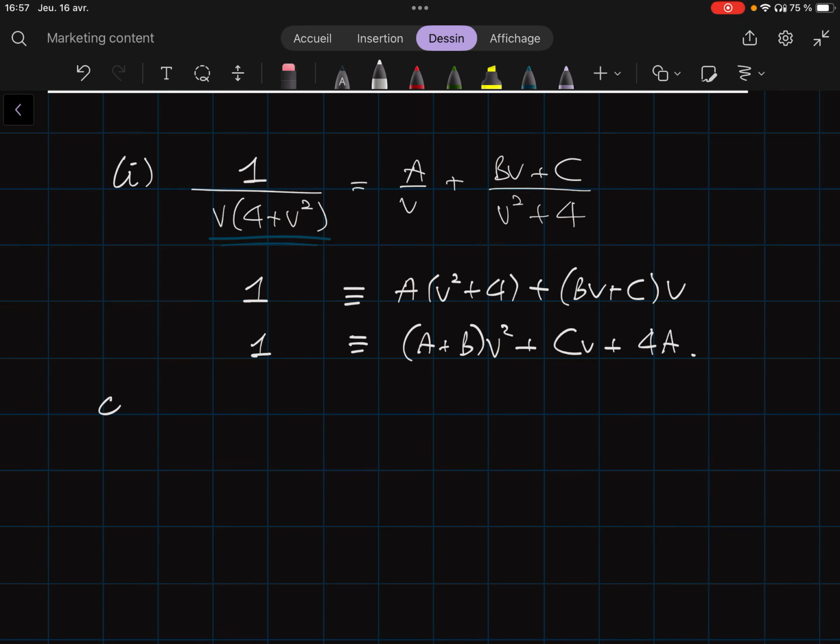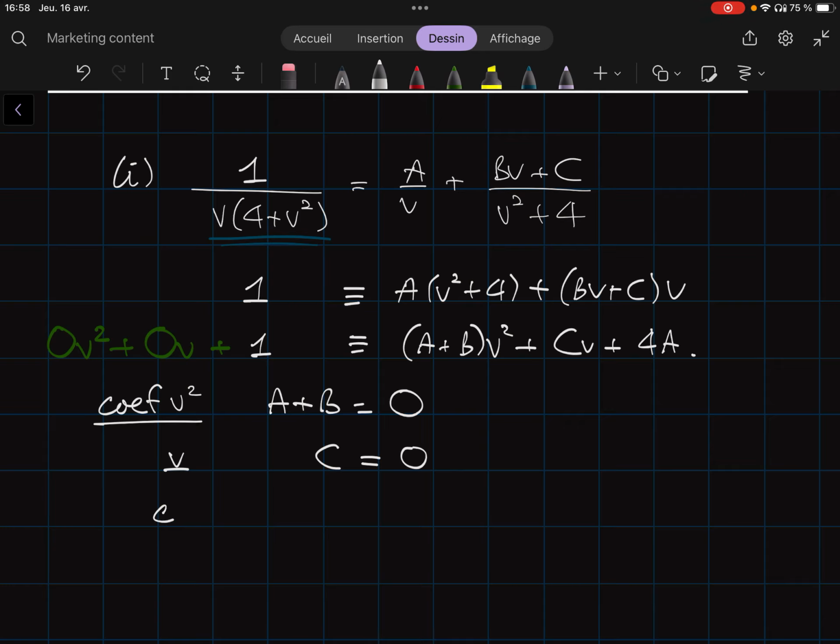If we look at the coefficient of v squared, we know that a plus b is equal to 0, because 1 is effectively 0 v squared plus 0 v plus 1. Similarly, if we look at the coefficient of v, c is equal to 0.